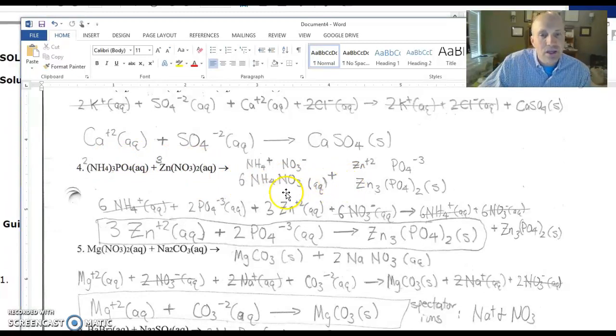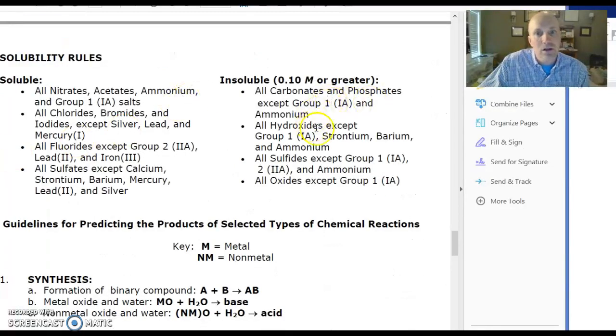All right. So in terms of solubility, one of these is going to be dissolved and one of them is going to be solid. Remember, both ammonium and nitrate are very soluble ions. So this would be your aqueous compound. And if you look here, how do we know that this thing right here is solid?